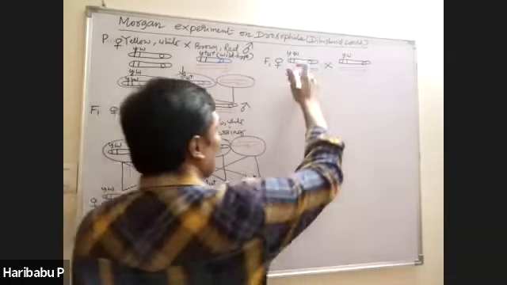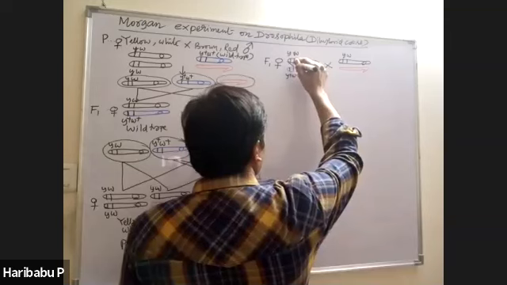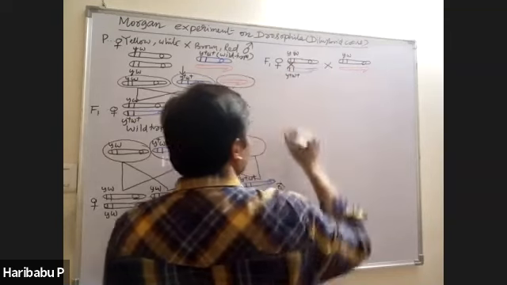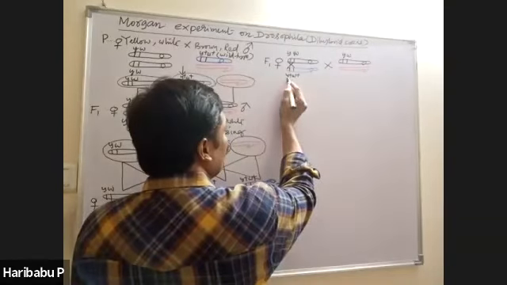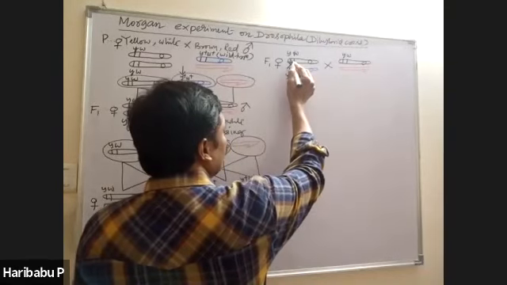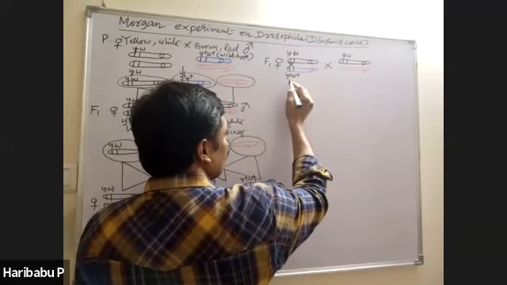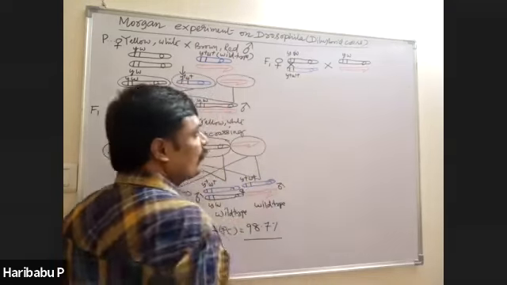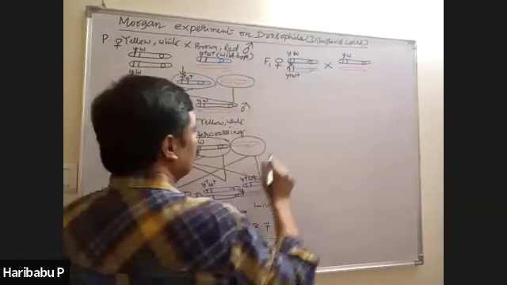How does crossing over occur between these two? Crossing over occurs between these two. If crossing over occurs, Y plus W moves to this chromosome, Y gene moves to this chromosome. Exchange occurs between Y plus and Y. Therefore, the gametes are changed now.